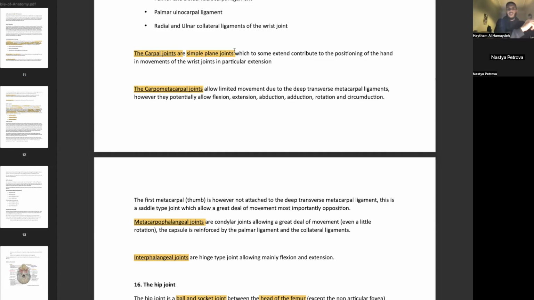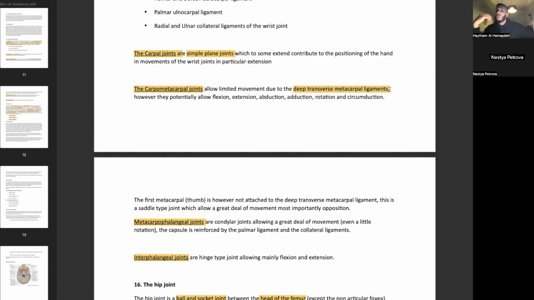The joint after that is carpometacarpal. What does it mean? You have carpal bones attached to metacarpal bones. So carpometacarpal bones don't move a lot. Why? Because of this ligament, the deep transverse metacarpal ligament.